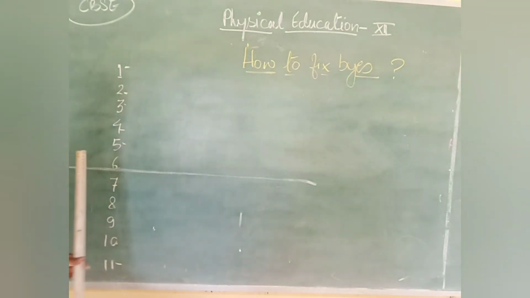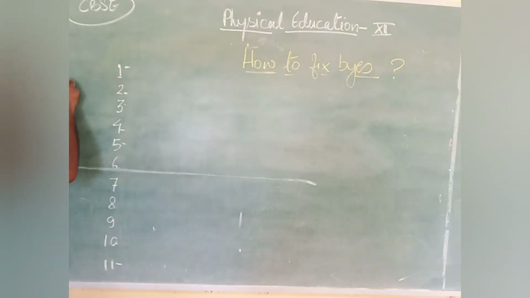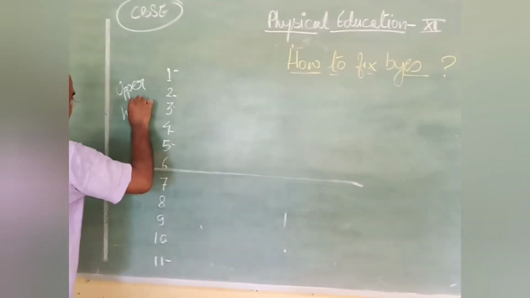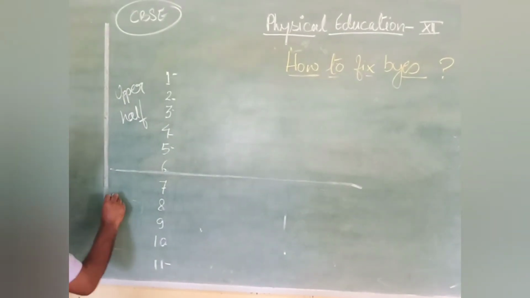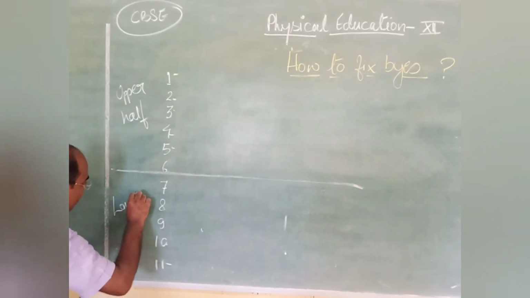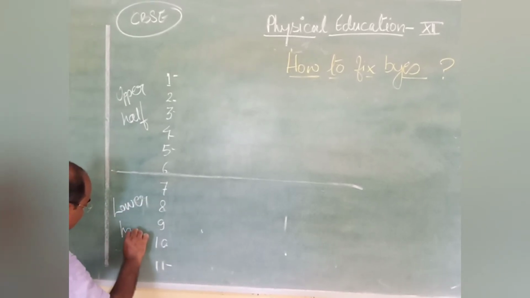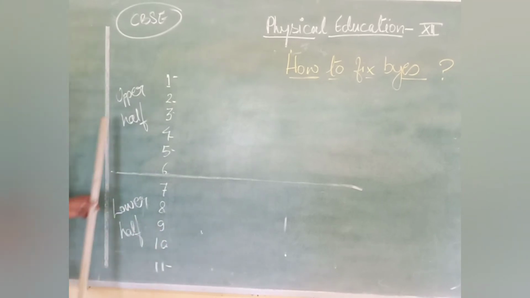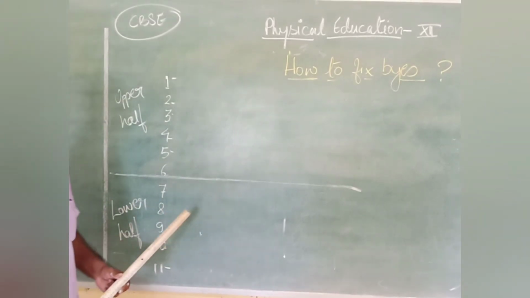Okay. So this is upper half. We are supposed to write here upper half. Then here we are supposed to write lower half. Okay, so upper half, lower half is clear to all of you.